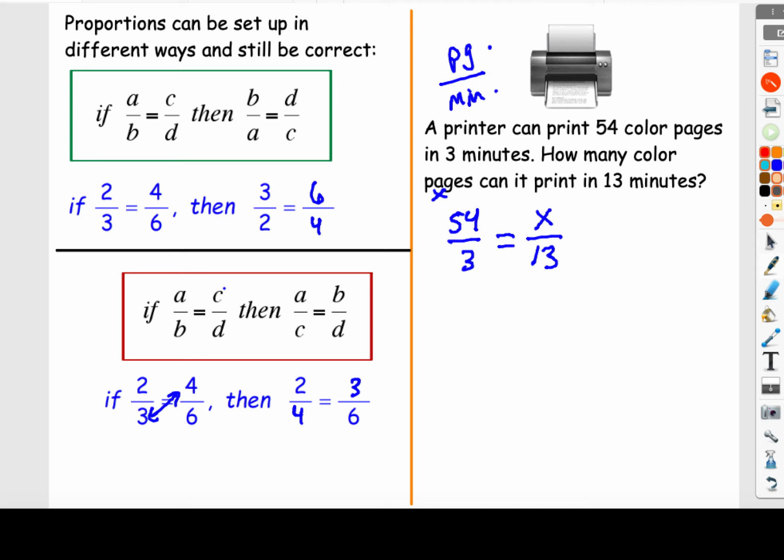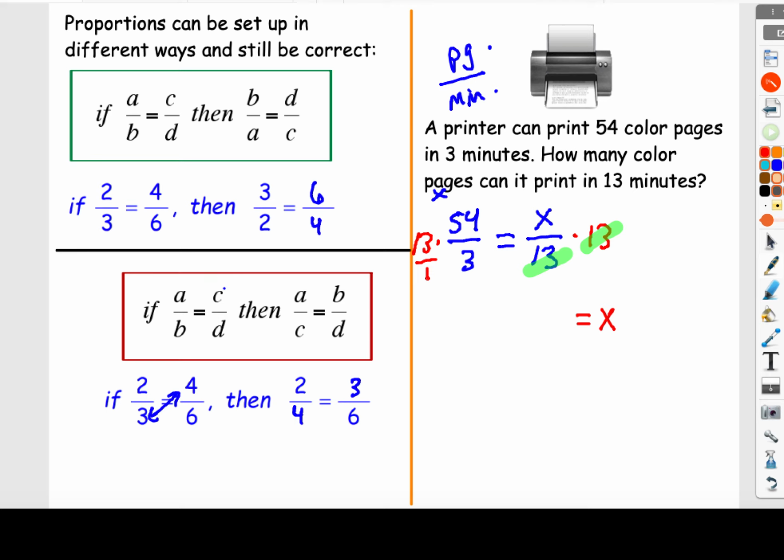We're relating those ratios. And this is a great time again. We can take that 13 over here, multiply on the right, multiply on the left. We'll cancel that 13 on the right, and we'll end up with X equal to, and here we just need to do some arithmetic. Don't forget we're multiplying the top by 13, and we're also dividing by 3.